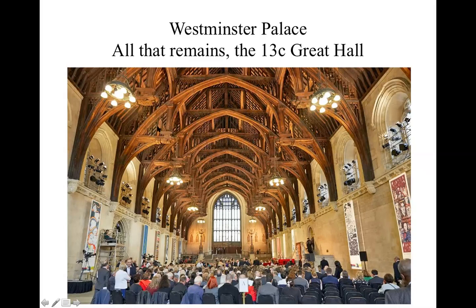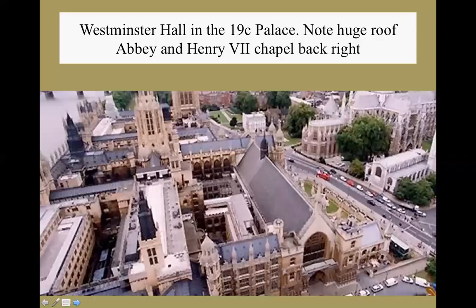So the guys who built ships could very easily come in and build a vault like this. But this is a quite extraordinary space. That's it there on this building here on the right. Is the hall, and the abbey, of course, off to the right. That structure sticking out the back of the abbey is the Henry VII chapel.